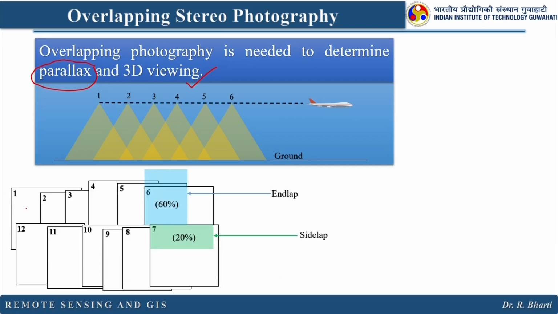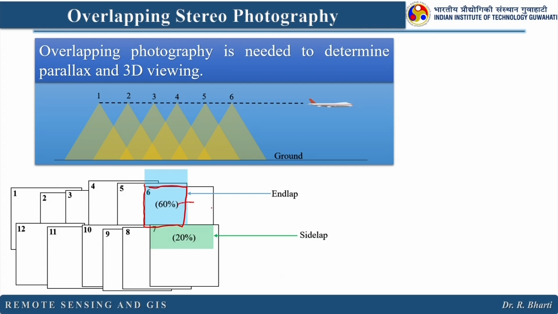This is the same example I have put here. So here you have all the images captured like this, and then your aircraft has moved and it is going like this. In this particular photography, we have maintained an end lap of 60%. So all the next images will have 60% of the image which was captured in the previous one.